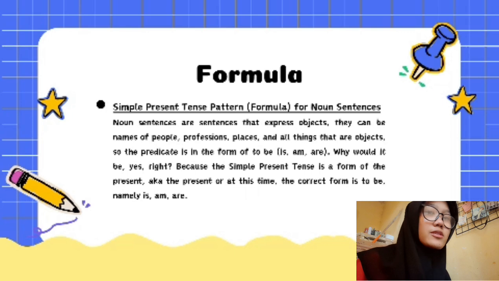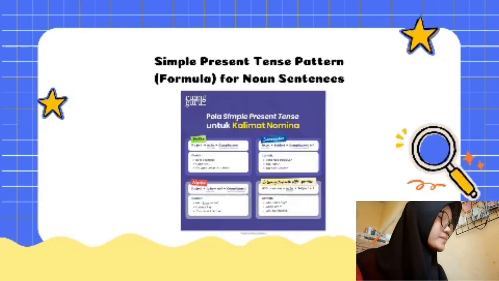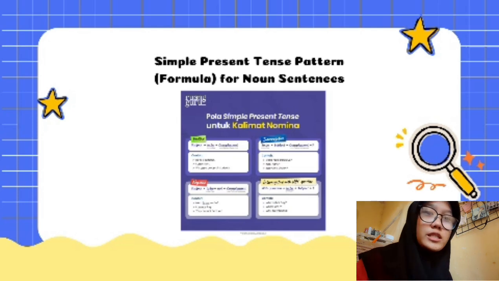Why is that, right? Because the simple present tense is a form of the present, aka at this time. The correct form is to be, namely is, am, and are.